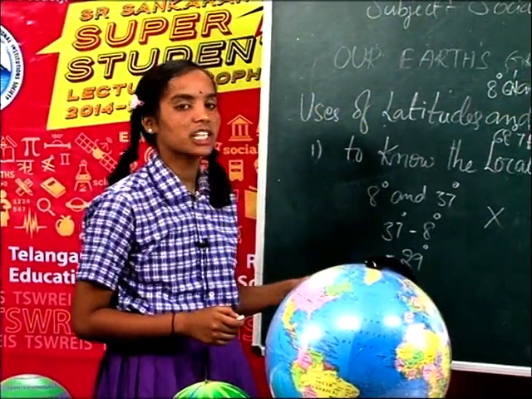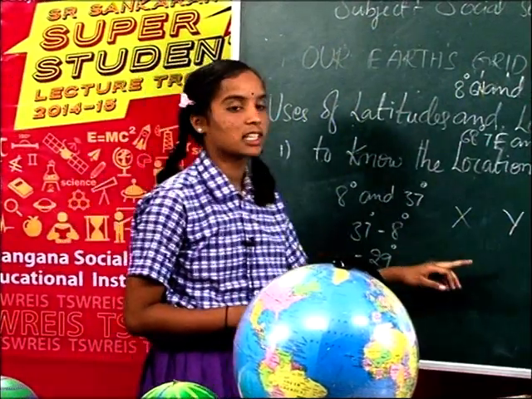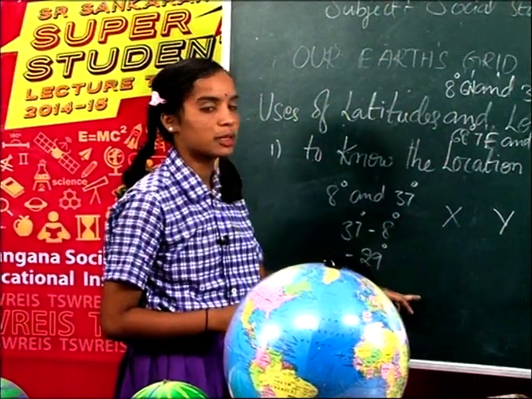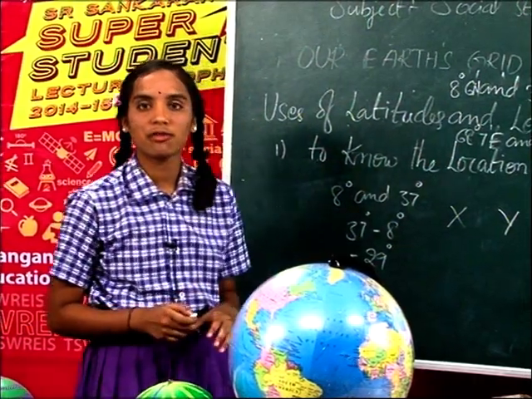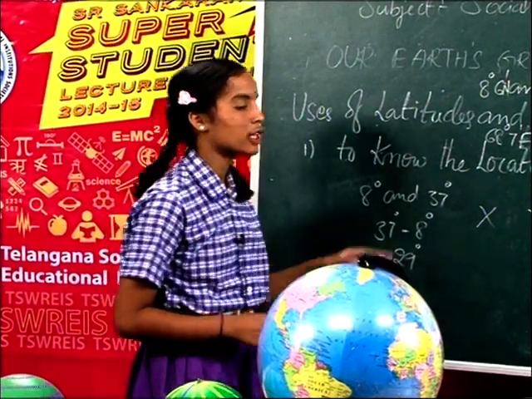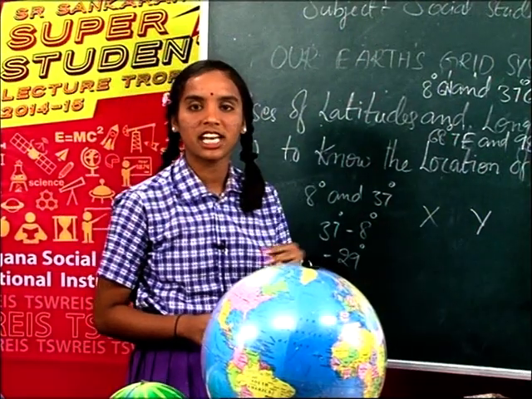So by using the minutes and seconds of latitudes and longitudes, the X country people can collapse the building of the Y country people by launching a missile from 1,100 miles away, and they can strike only that particular building without making any harm to the nearby places.